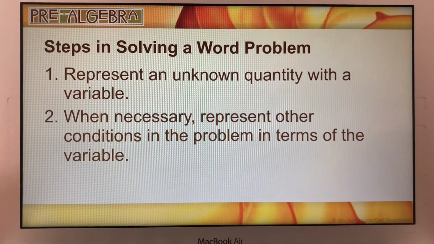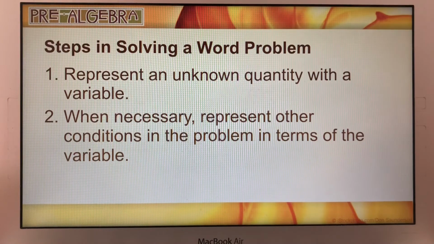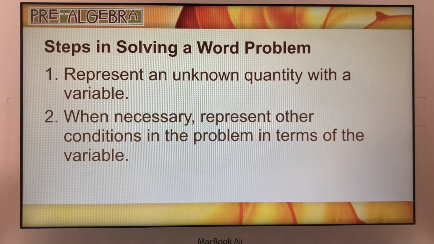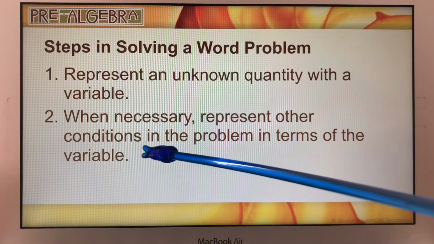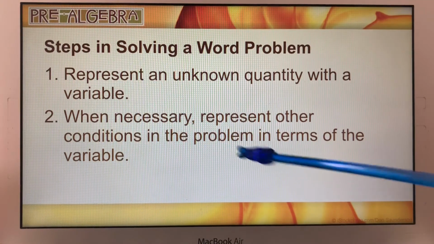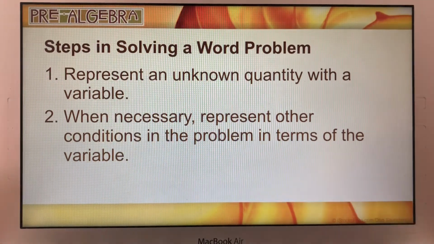When necessary, represent other conditions in the problem in terms of the variable. So if it says twice a number, or the number -3, or 7 more than the number, that's what it means to represent the other conditions in the problem in terms of that variable.